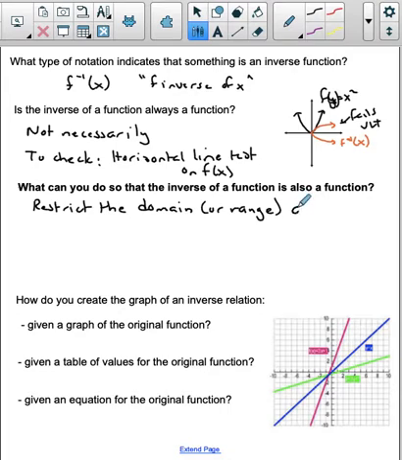So restrict the domain of the original function so that you're only working with kind of half of it so that you don't have any repeated values, so that it does pass.